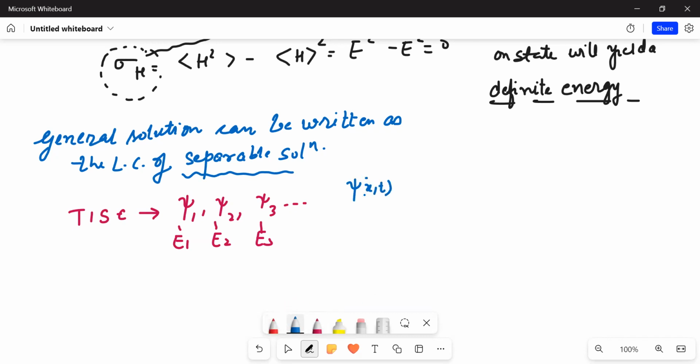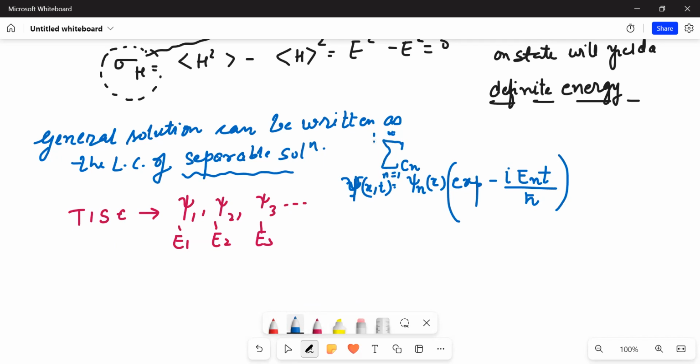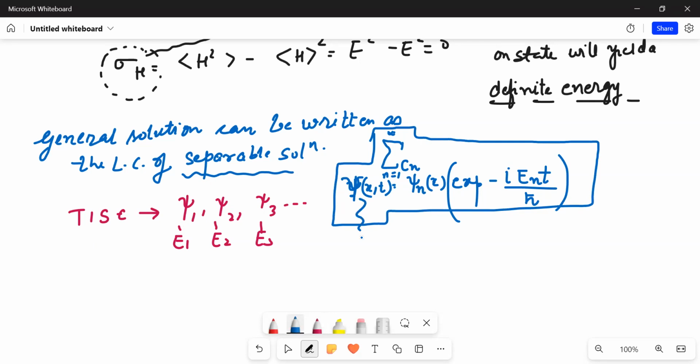So the most general form of the solution will be psi of x comma t equals the summation of Cn psi n of x times the exponential time factor e to the power minus iEn t upon h-bar. I put a summation in order to express the linear combination of all the possible states. This is the most general form of the solution.